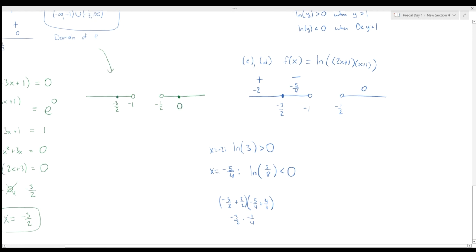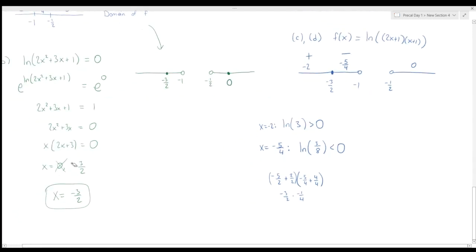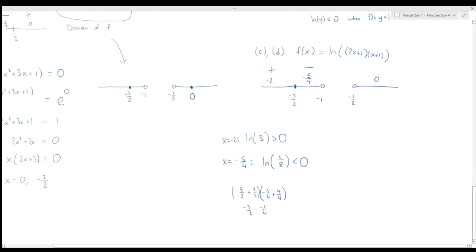Okay, so first, x = 0 is in the domain. So let's fix that real quick. So then I need to, oh, dang it, adjust by including 0 here in my sign chart.